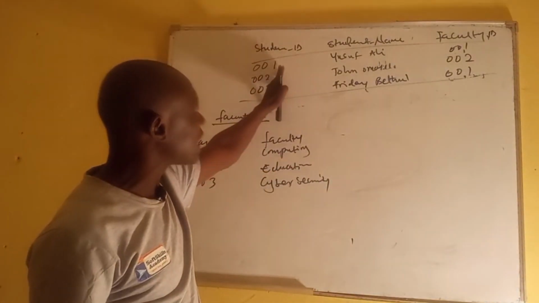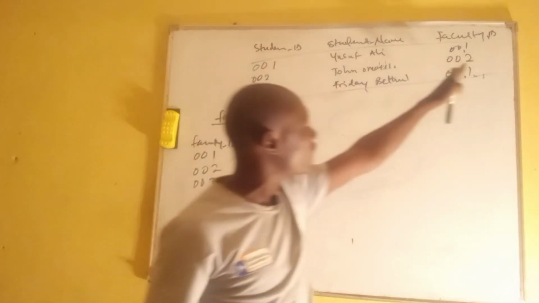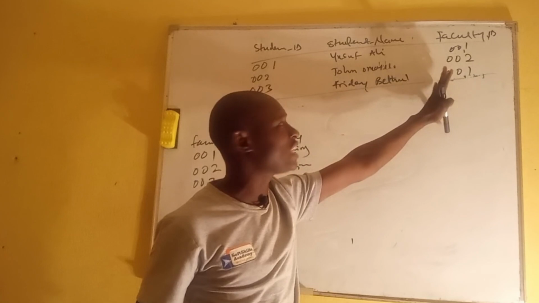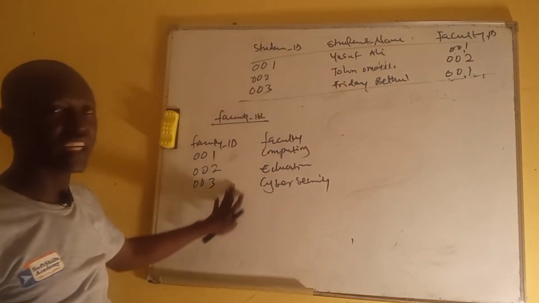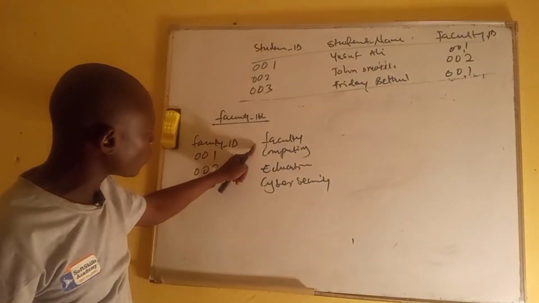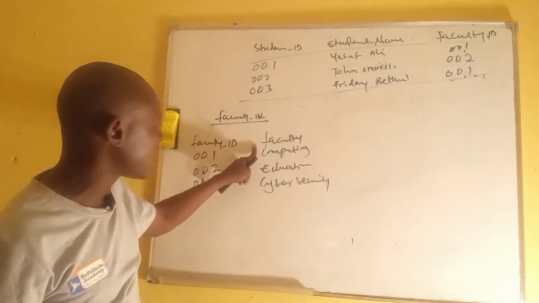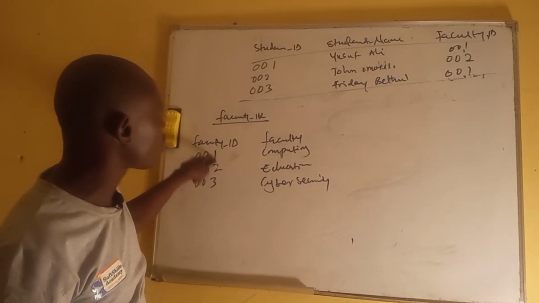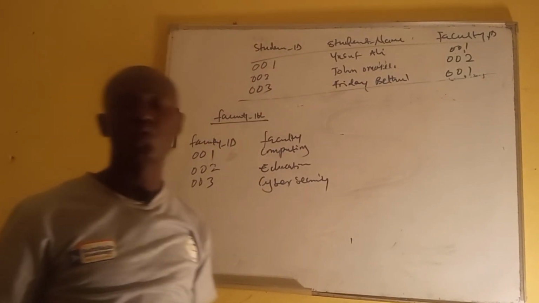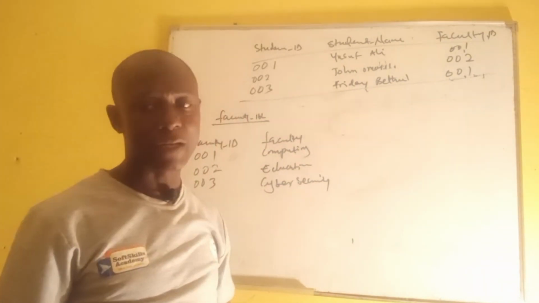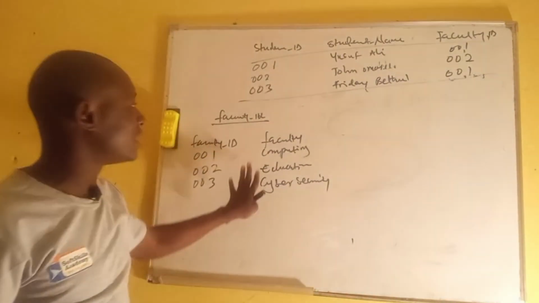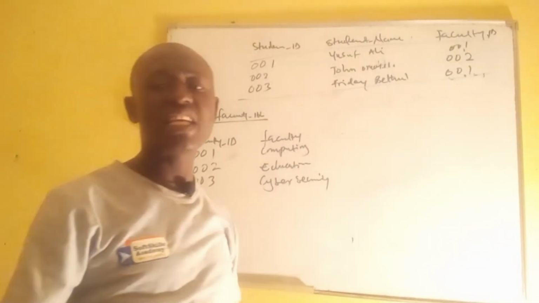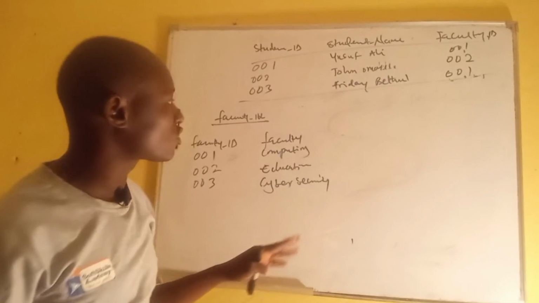So if the student ID as a primary key here is a candidate key, your faculty cannot only depend on this. You can go further and break this into creating a further table here, which we end up creating as faculty. Likewise, if you go by the second rule of second normalization form, your faculty will not depend only on this. It can also depend on your student ID. Are we together? So this is how you go about doing your second normalization form. So next you are going to look at the third normalization form.